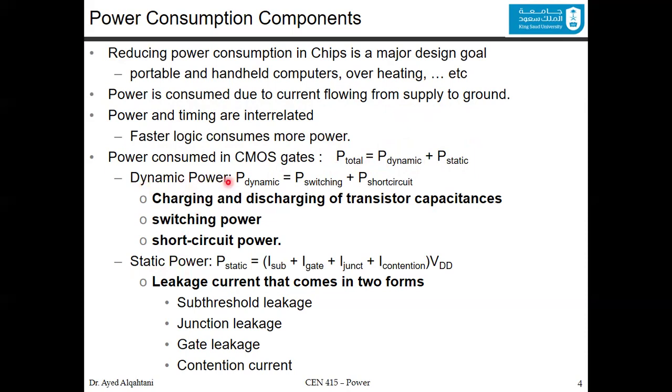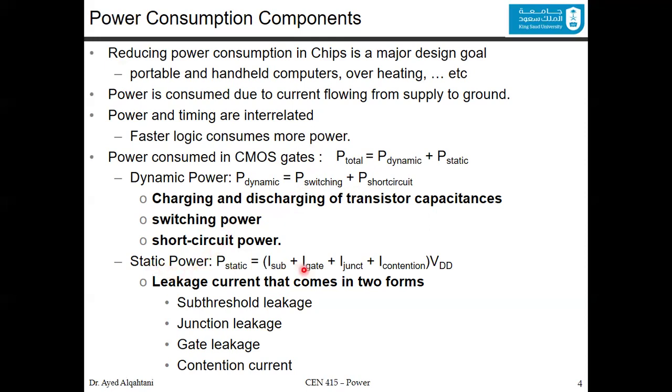The first one, dynamic power, is composed of two types, the switching power and the short circuit power. The switching power is because of charging and discharging of transistor capacitance. We also have the short circuit power, and we will talk about each one of them by itself.